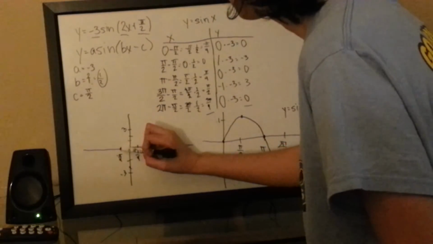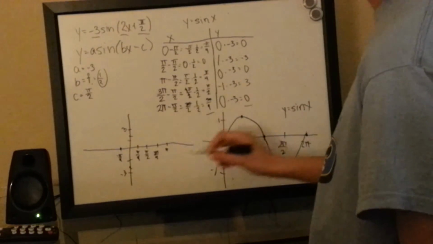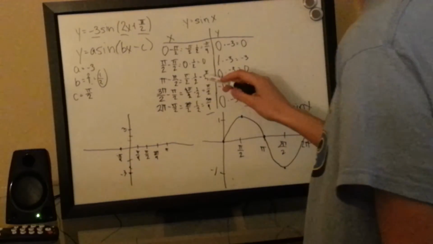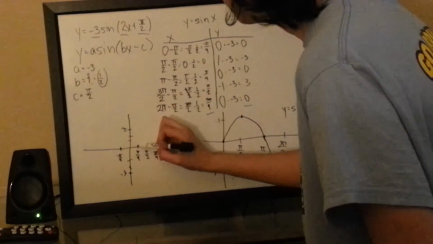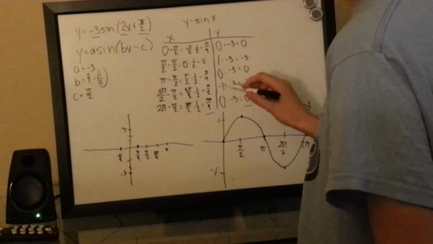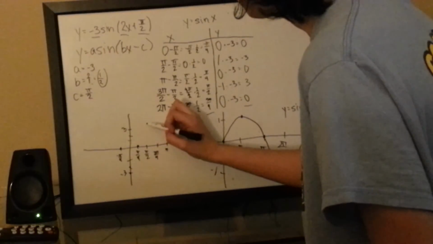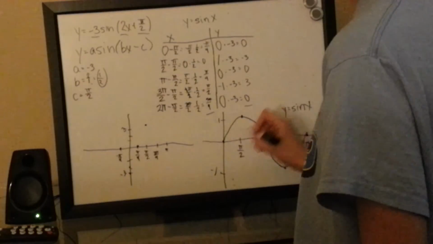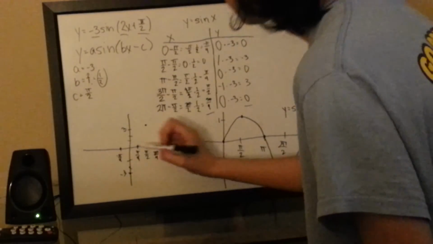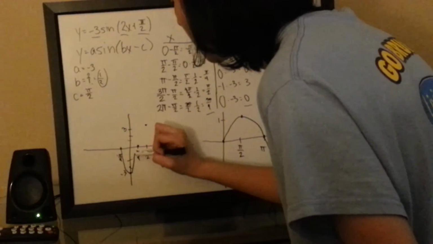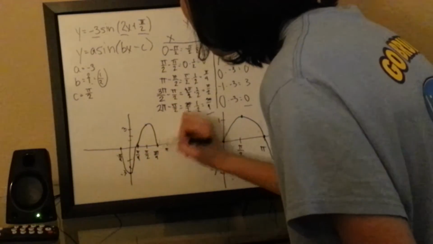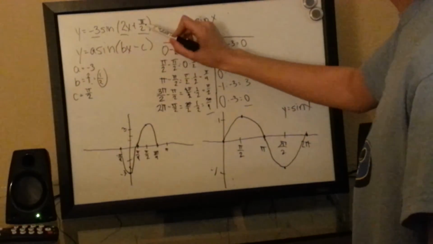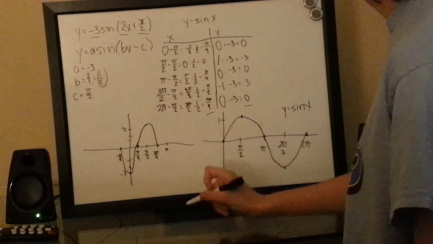That's going to be right over here. Second point, 0, negative 3. Pi over 4 and 0. Pi over 2 and 3. 3 pi over 4 and 0. So right here. And that's what the graph of negative 3 sine 2x plus pi over 2 looks like.